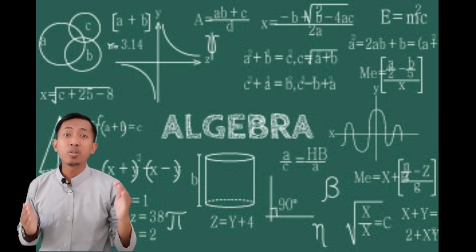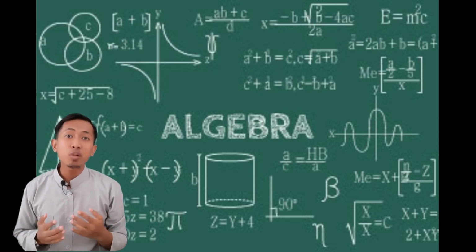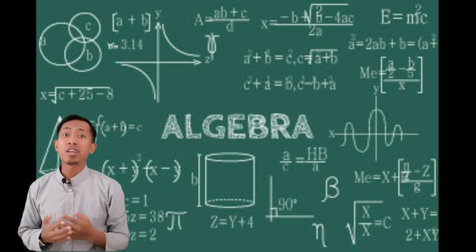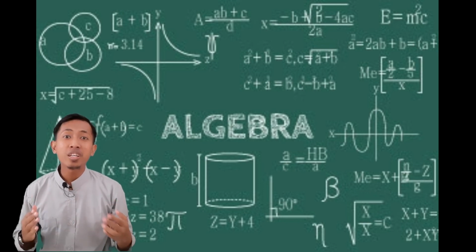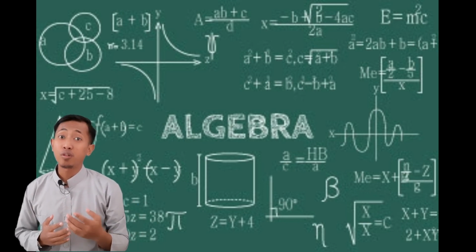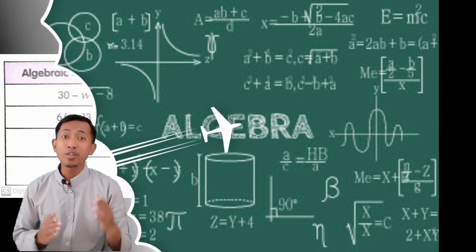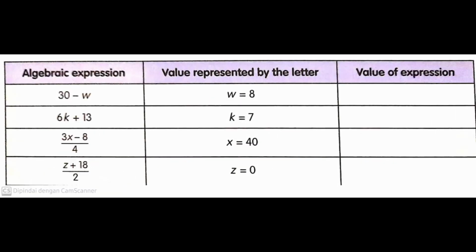Okay, I will show you my table about evaluating algebraic expressions and then we will do it together. Focus and then do it together. This is a table about algebraic expressions, value represented by letter, and value of expressions.